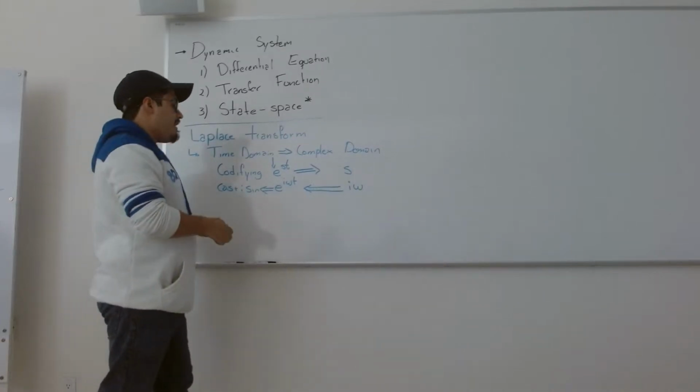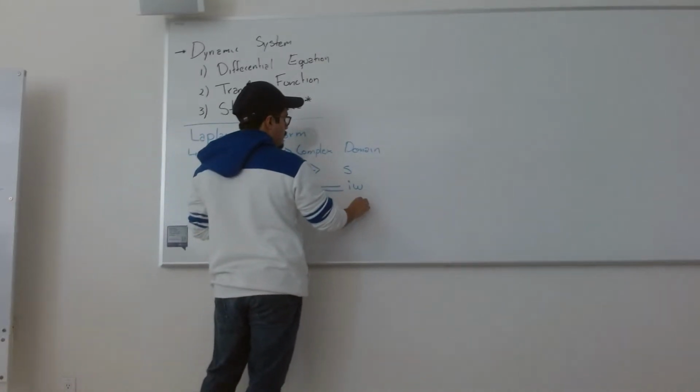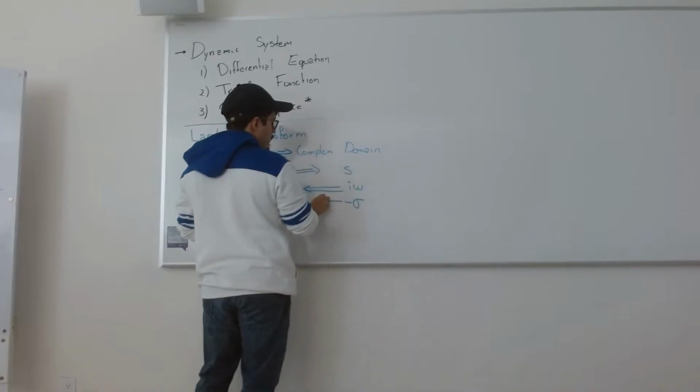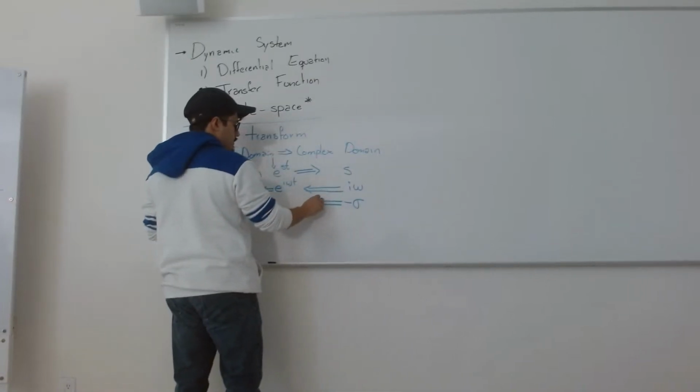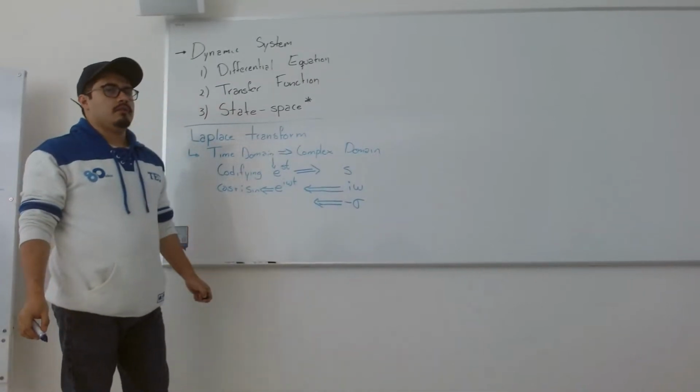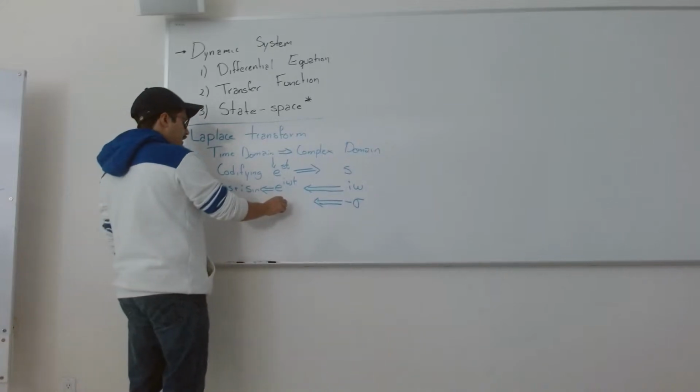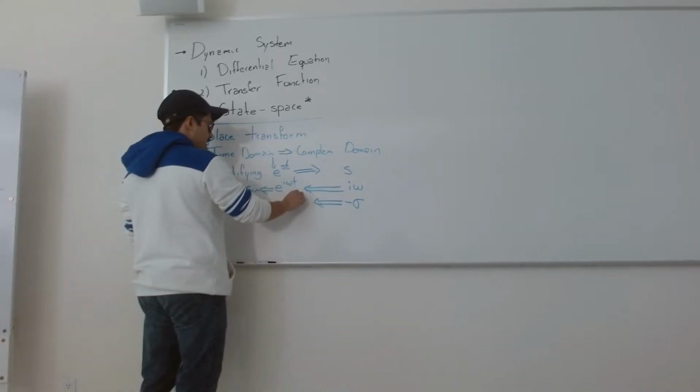If I have a negative real number, what am I coding back to? E to the something negative t.